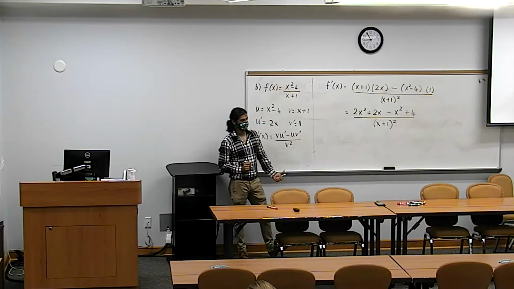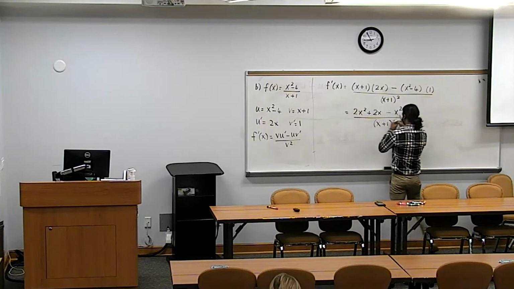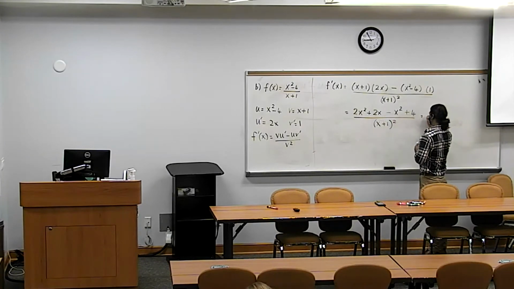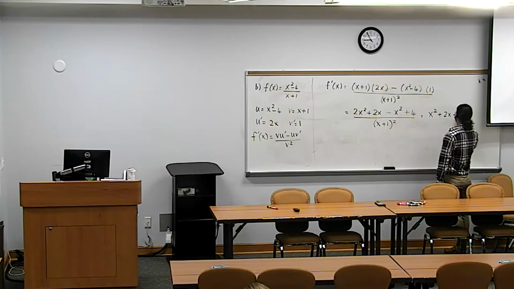Good. 2x squared minus x squared would be x squared plus 2x plus 4, divided by x plus 1 squared.